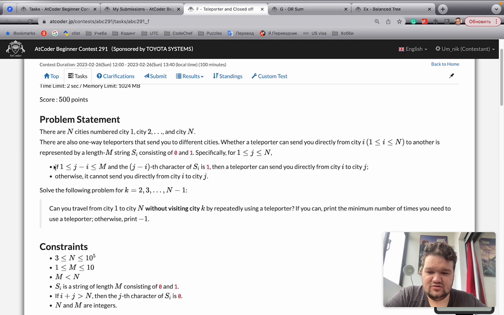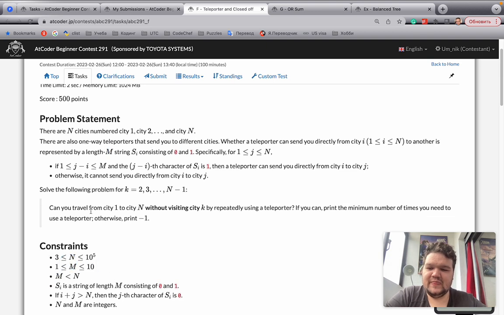So we can only move forward, and we are given which forward edges exist, and we can only move on at most 10. So at most m, and m is at most 10.